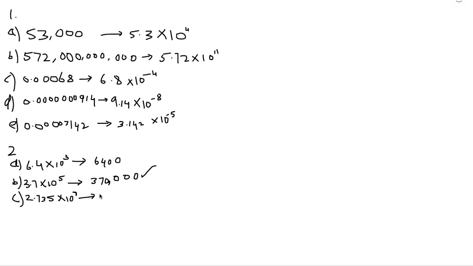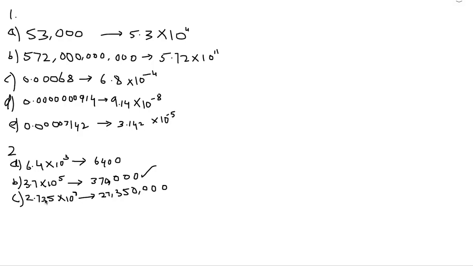Now how to answer this one? 27, 35, 0, 0, 0, 0, because in order to move the decimal to the right side, we need to decrease the exponent one by one here.